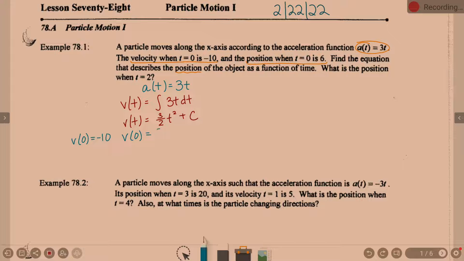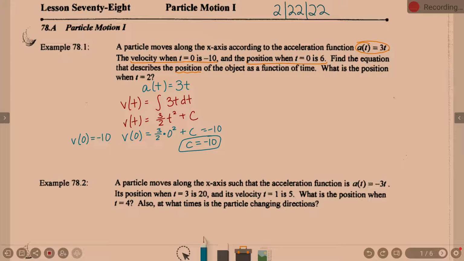v of 0, so 3 halves times 0 squared plus c, and what's that have to equal? That's officially what you're doing, right? And I do that because do they always give you when time is 0? No. Now realize when they give us when time is 0, basically they're just telling you what c is.